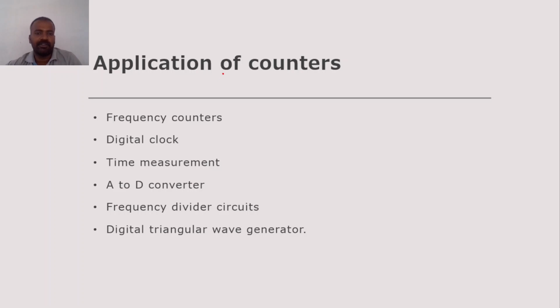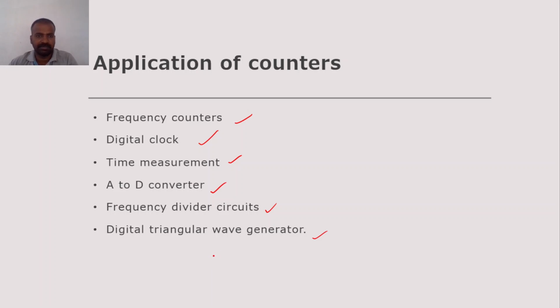For frequency calculations and digital clock or time measurement, analog to digital converter, and digital to analog converter, frequency divider circuits, and triangular wave generator. In these places, we can use these counters. So these are all where we use counters as basic elements.